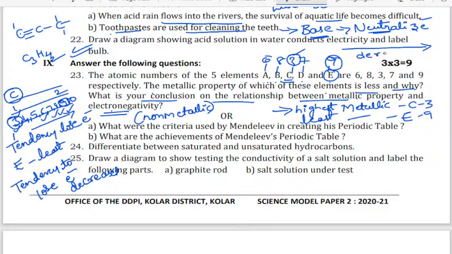But when we move from top to bottom, the tendency to lose electron increases. Similarly, when we move from left to right, non-metallic property increases, which means the tendency to gain electron increases. When we move from top to bottom, the non-metallic property decreases because the tendency to gain electron decreases.